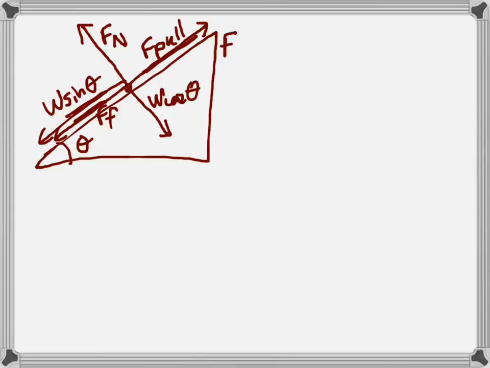F net. There has to be some F net, and it would equal the F pull, which I'm just going to label as F, minus mg sine of theta, which is weight sine of theta, and also minus the friction force.